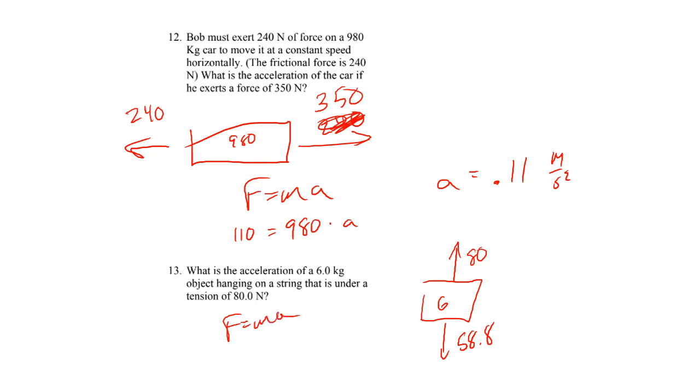Have you ever seen this formula before? So we're going to have 80 minus 58.8, which is 21.2, is equal to m, which is 6, times a, divided by 6. So we're going to get 3.5 meters per second squared. So fun.